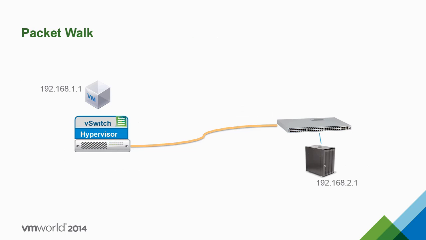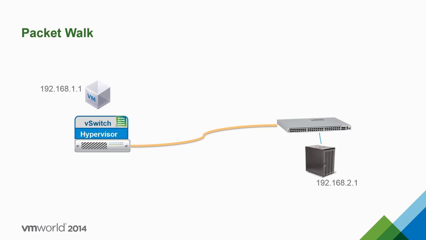So let's imagine that this virtual machine has decided it wants to send a packet to the physical machine, which, as you can tell, is in a different subnet based on the IP addresses. So the first thing the virtual machine is going to do is send an ARP request for its default router.